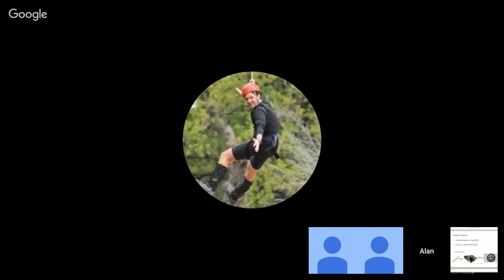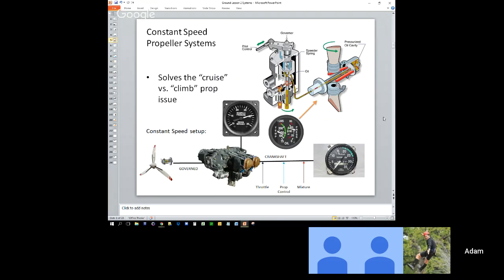Okay. All right. Complex aircraft have what are called constant speed propeller systems. Constant speed propeller systems is synonymous with adjustable pitch propeller, meaning in flight from the cockpit, you can adjust the pitch of the propeller based on the configuration of flight that you're in.